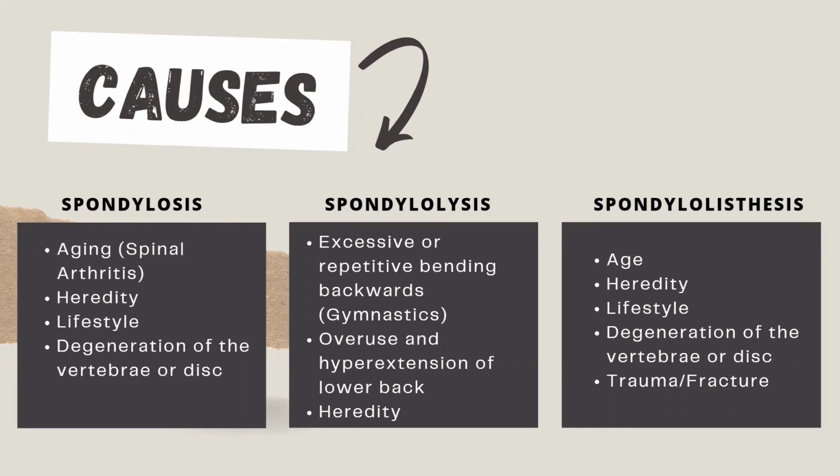So pag pinanganak na yun, pwedeng magkaroon ng fracture and yung isang vertebra natin ma-move forward or backward. Then degeneration of vertebra and disc. So pag nagkaroon ng degeneration sa magkapatong na vertebra, and may vertebra pa sa taas, kapag nawala yung isang vertebra, pwedeng bumaba yung isang vertebra and mag-move forward or backward. That can lead to spondylolisthesis. Then trauma or fracture.